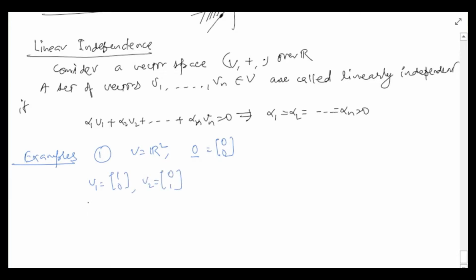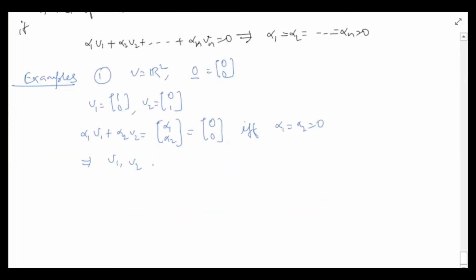Then for any scalars alpha 1 and alpha 2, alpha 1 v1 plus alpha 2 v2 will be alpha 1, alpha 2. This can be easily checked. This will be equal to 0, 0 if and only if alpha 1 equals alpha 2 equals 0. Right? So v1, v2 are linearly independent.